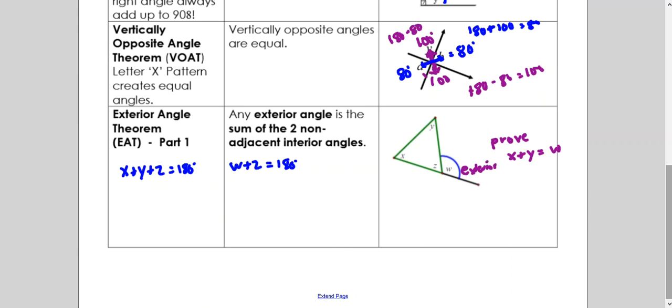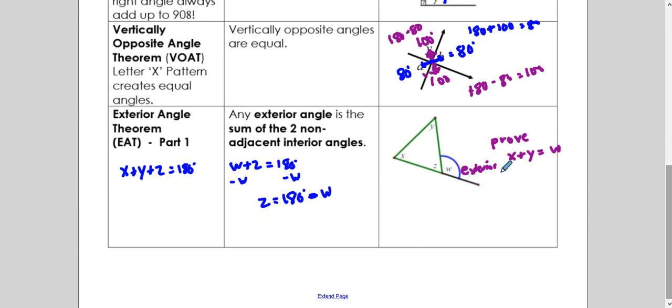So the first thing I'm going to do is solve for z on my right side here. If I subtract w from both sides, I have z is equal to 180 minus w.